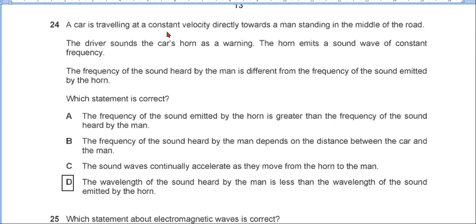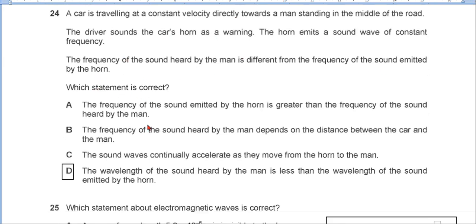A car is traveling at constant velocity directly towards a man standing in the middle of the road. The driver sounds the car horn as a warning. The horn emits a sound wave of constant frequency. The frequency of the sound heard by the man is different from the frequency of the sound emitted by the horn. Which statement is correct?